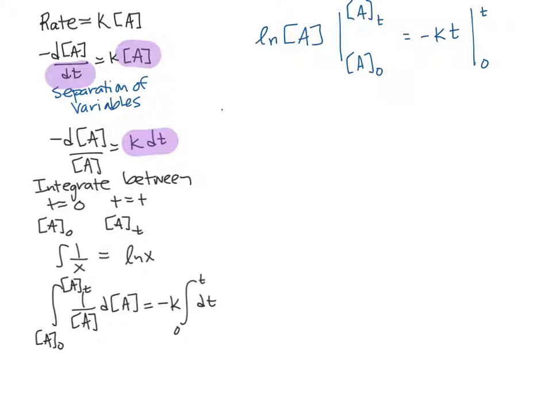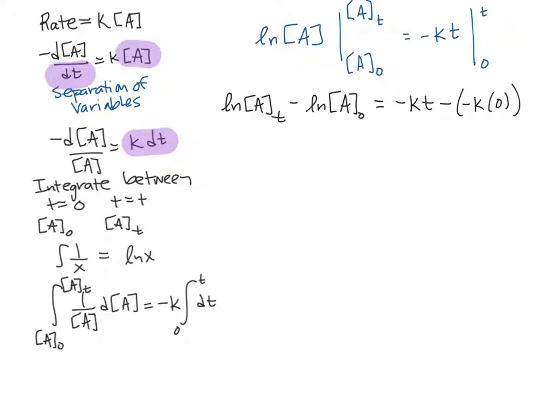Okay, now let's write it out. This will look like the natural log of the concentration of A at time t minus the natural log of the concentration of A initially equal to the negative kt minus the negative k of 0.